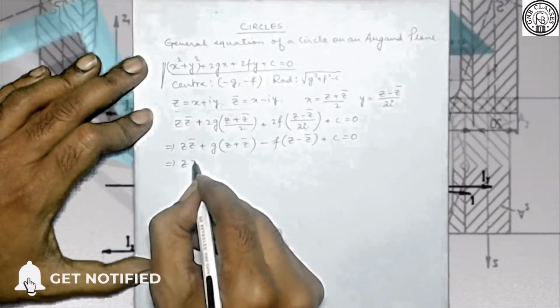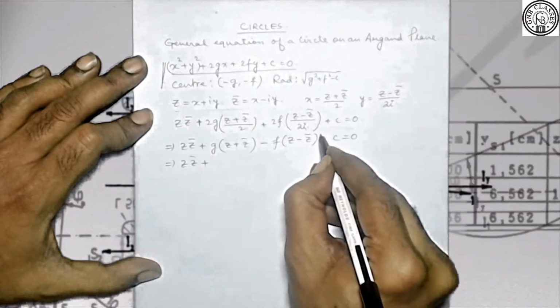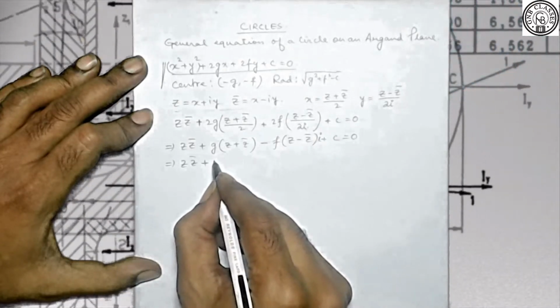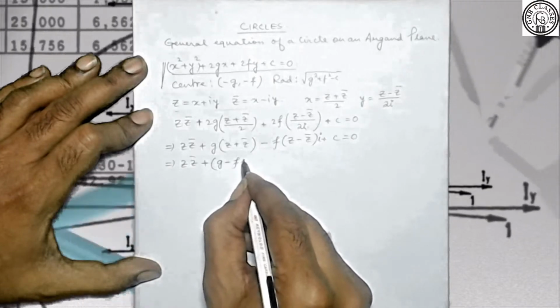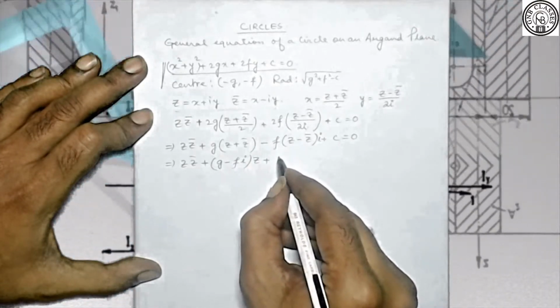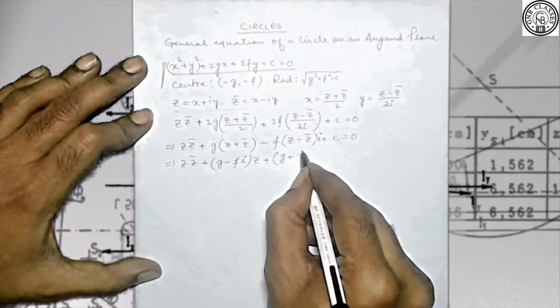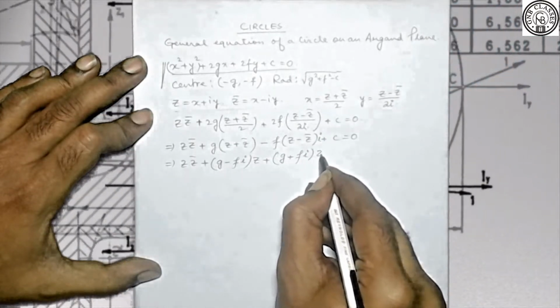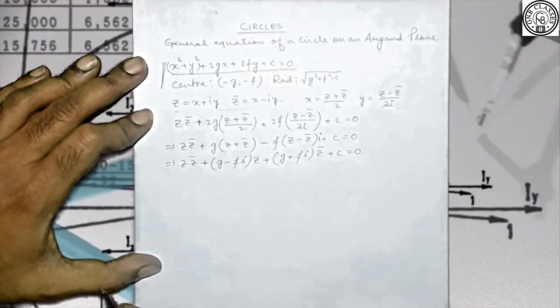Now, let me just do a little simplification. I'm sorry, iota will be there. So I can write this thing as (g minus f iota) z plus (g plus f iota) z bar plus c equals to 0. Is it clear?